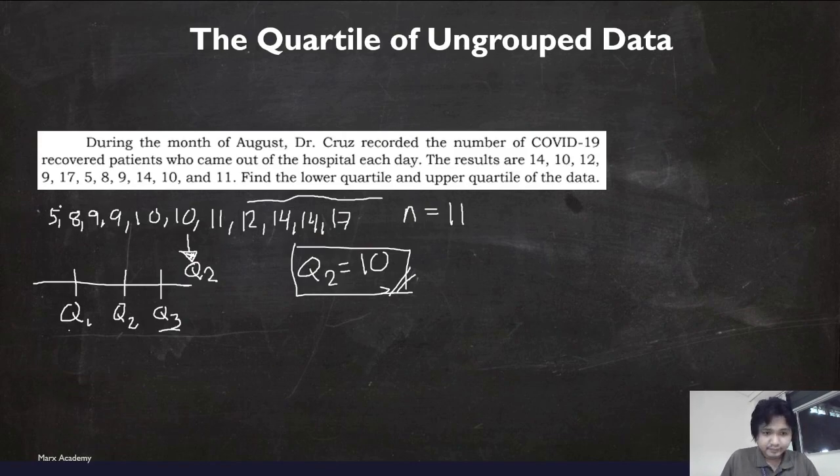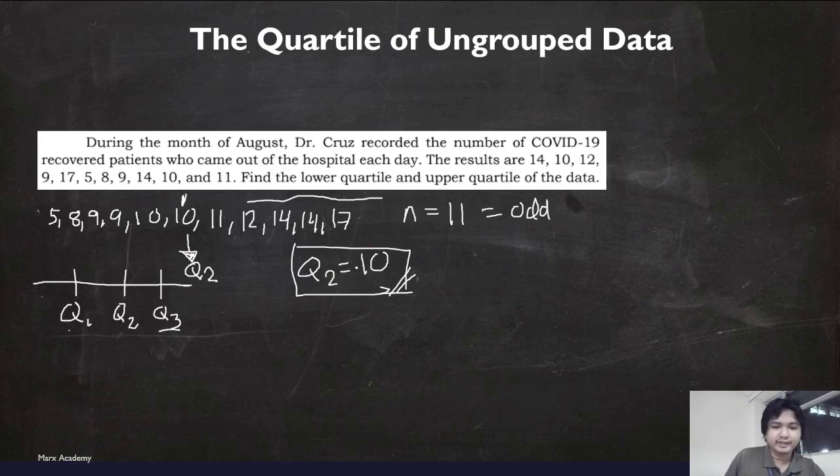If this is 0 and this is 100 and our n is 11, if we divide it by 2, the only one left is the quarter 2, because it is in the middle.